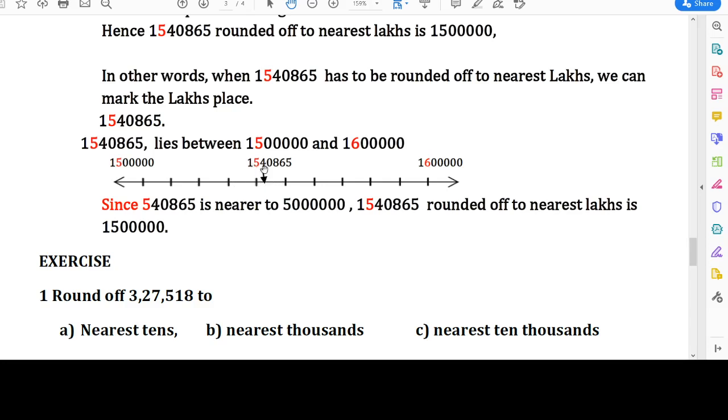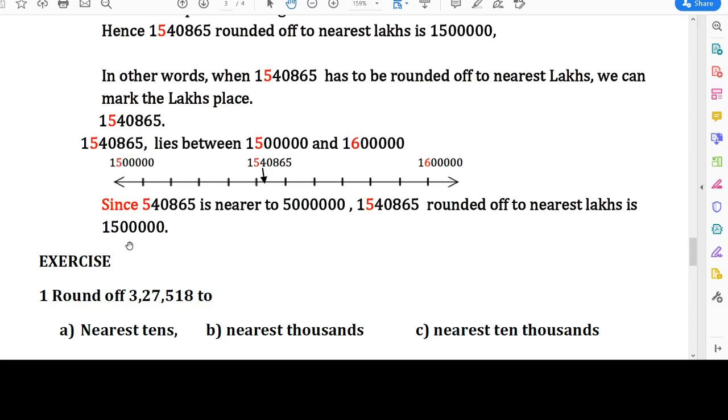So this 15 lakh 40,865 lies between these two numbers. So I have placed it here. So you can check whether it is nearer to this number or this number. It is 1, 2, 3, 4 and some distance away, and here 1, 2, 3, 4, 5 and some distance away. So this number being nearer to 15 lakh, when I round off 15 lakh 40,865 to nearest lakh, it becomes 15 lakhs.